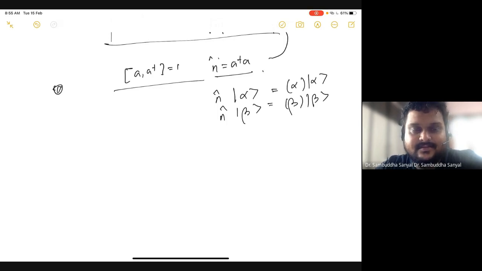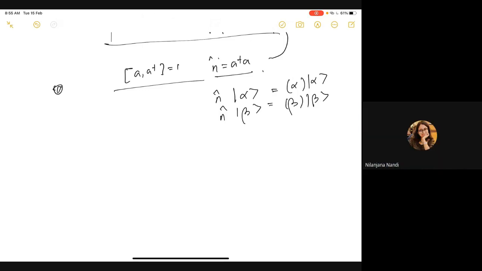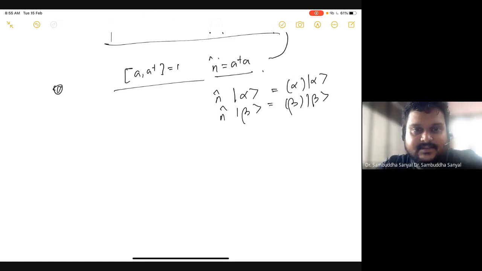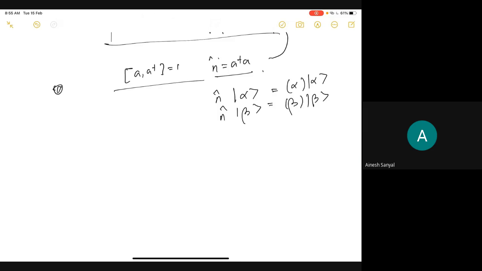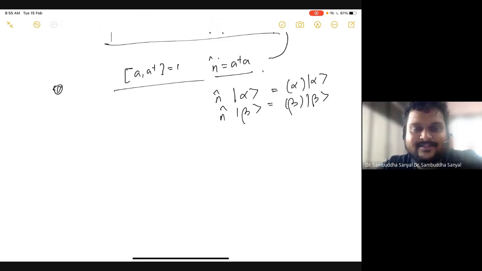Can you see that? Yes, sir. Are you following, Ainesh? So A takes it one step down, then A dagger takes it one step up, so it will be the same state. Is that the argument? Yes, that is the argument.